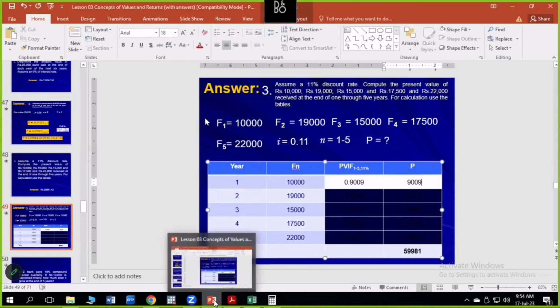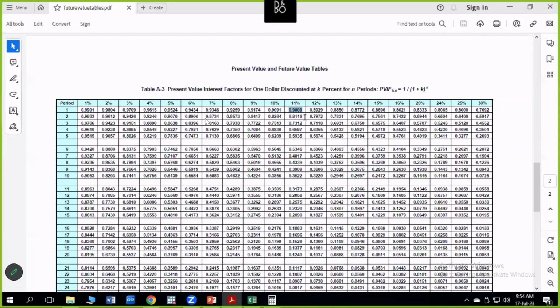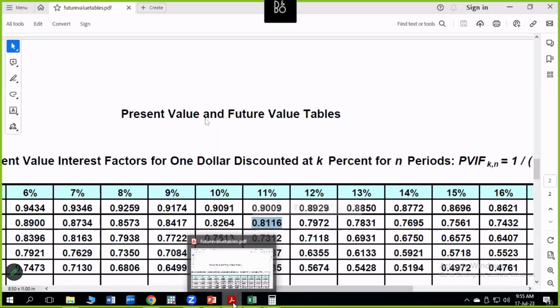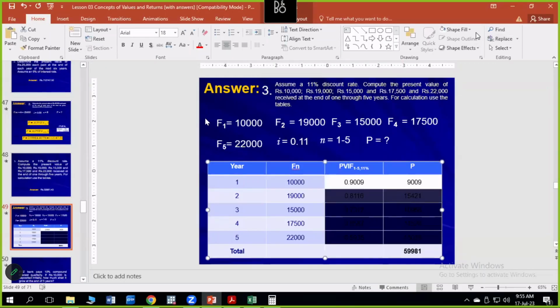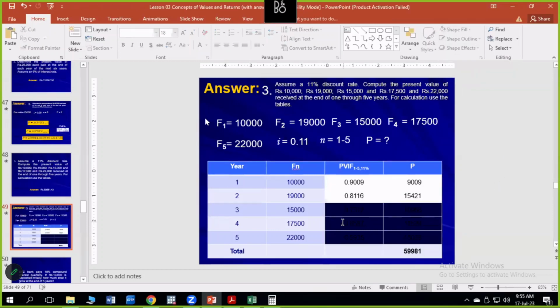Second value is 0.8116. So you can take it to the second year. Second year, you multiply with 19,000, and you can obtain that result.